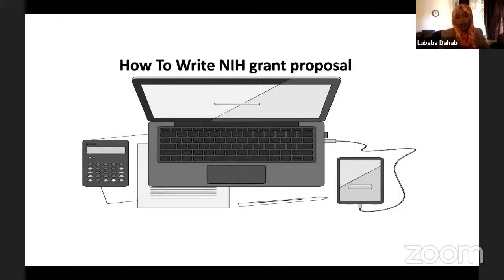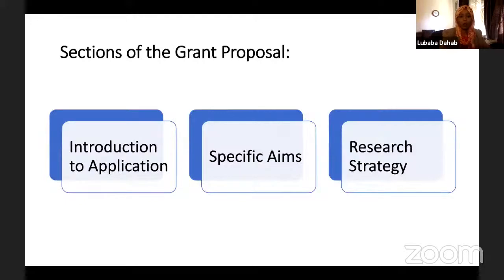We had a brief idea about the types of NIH grants. Now we're going to learn how we can try our best to write a good grant and get the funding. Say that you already found your funding opportunity announcement, you prepared your team, and you are ready to write the grant proposal.